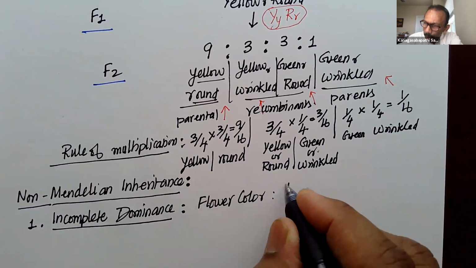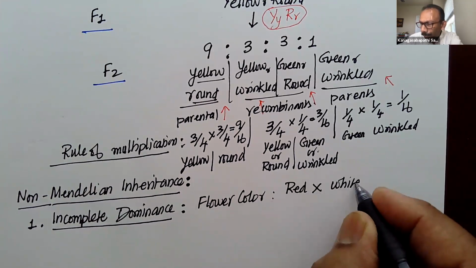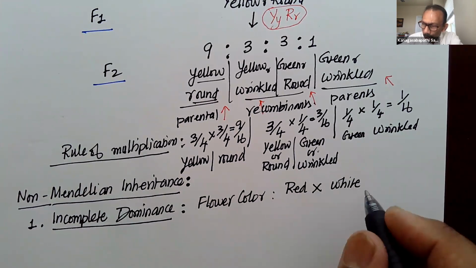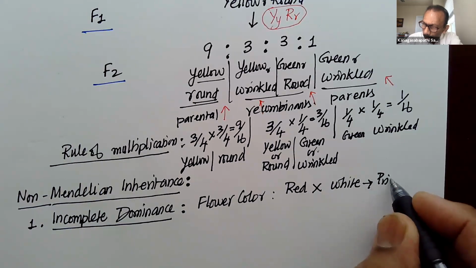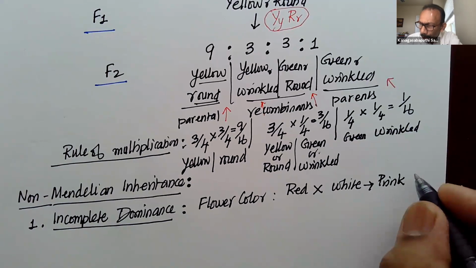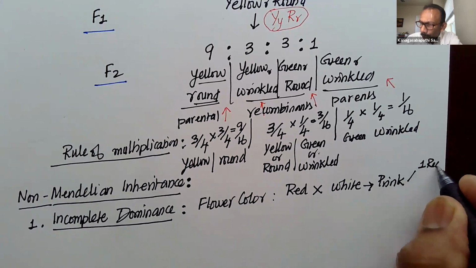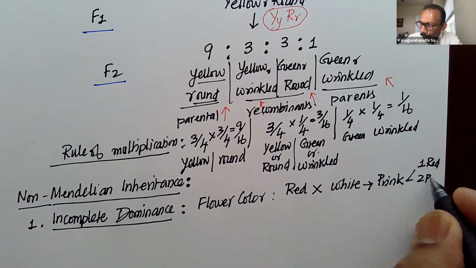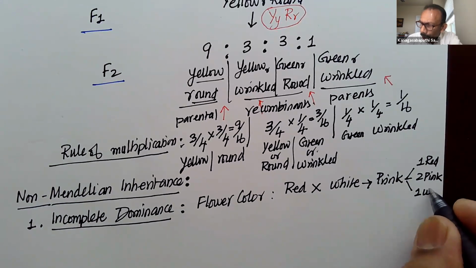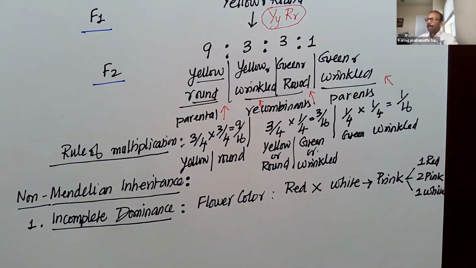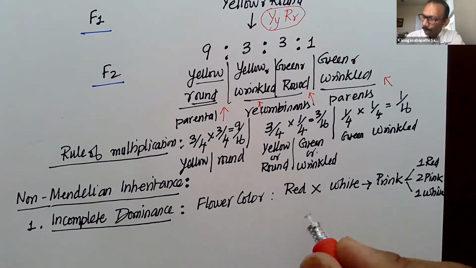When you cross a red and a white flower, it generates a pink flower. In the next generation, you get one red, two pink, and one white. This is considered incomplete dominance. Red is not completely dominant over white.